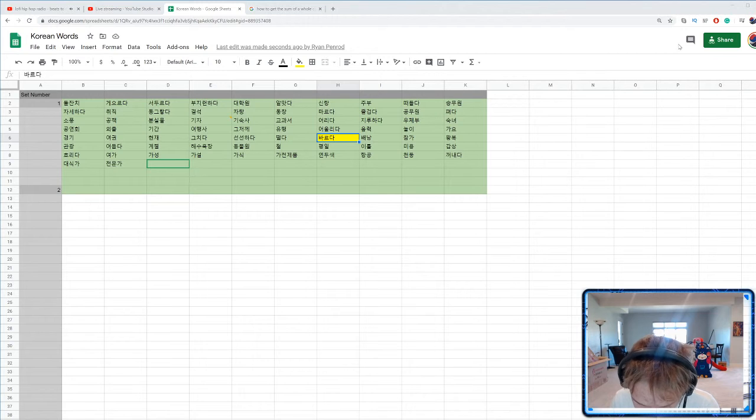I'm gonna actually shuffle these a bit. Okay, politician. 정시가. Domestic animals. 동물. 가축. Okay. 가축.